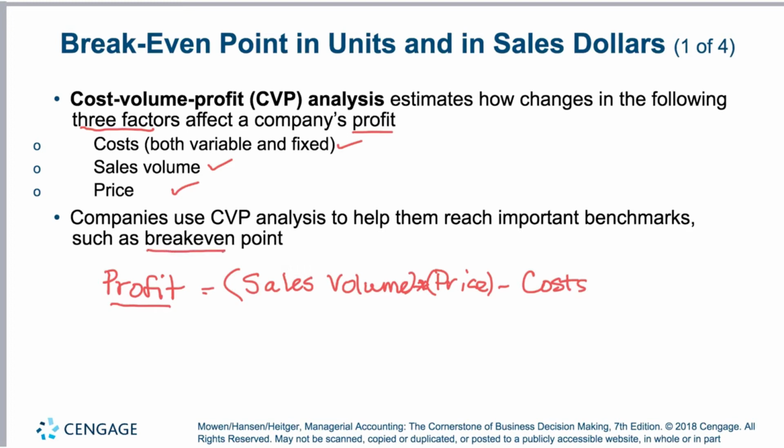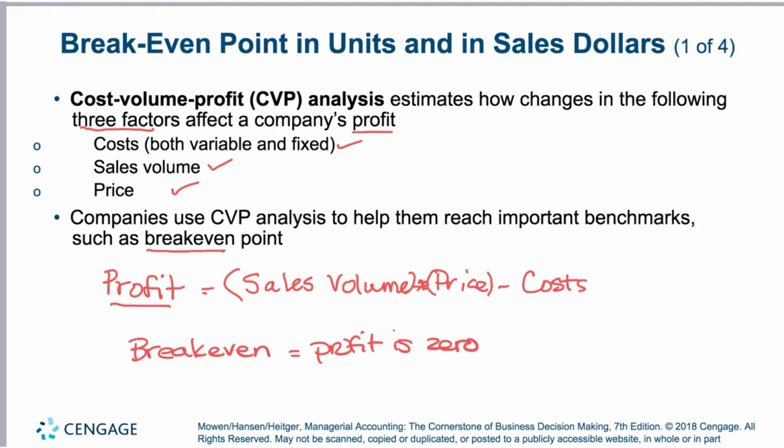So break-even is, how much do I need to sell in order to cover my costs, or the break-even is the point where profit is 0. So break-even means profit is 0.